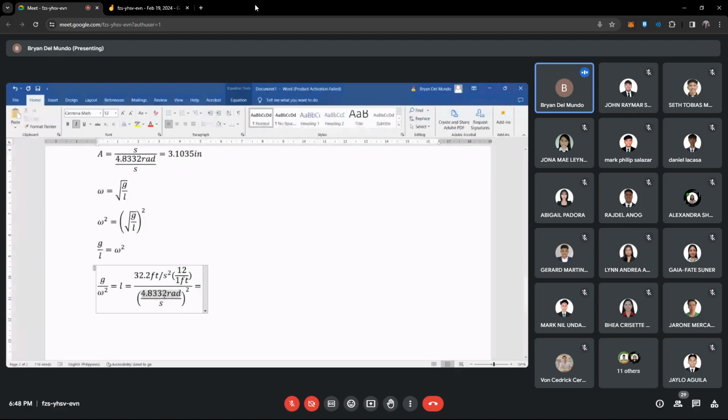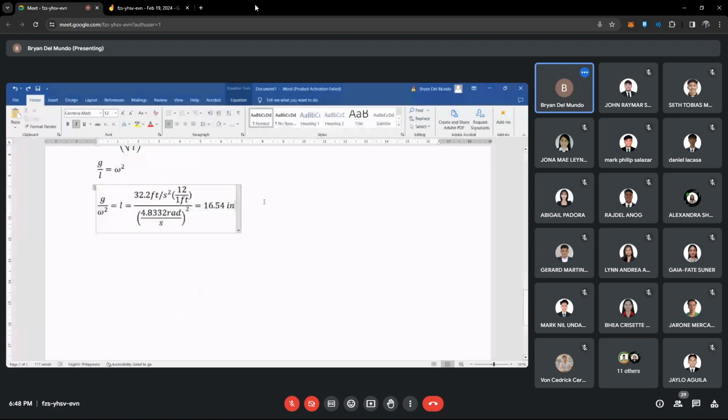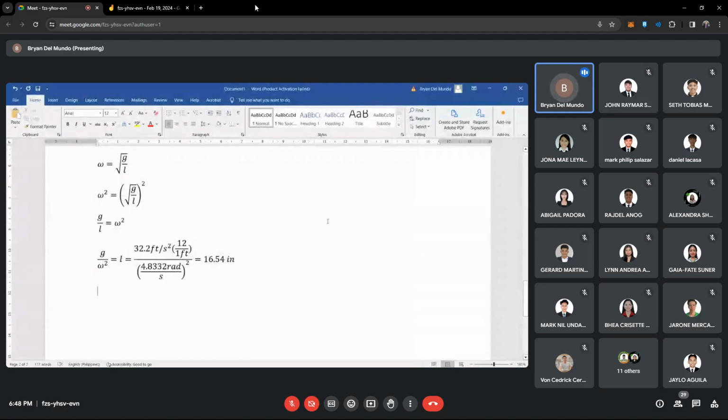So ayan. So since meron na tayong given na length, so balik tayo dun sa ating formula. Na S is equivalent to R theta. So ayan.